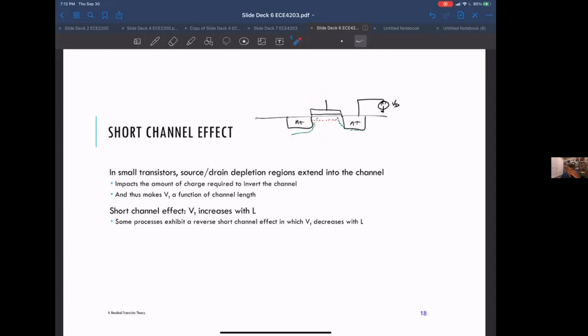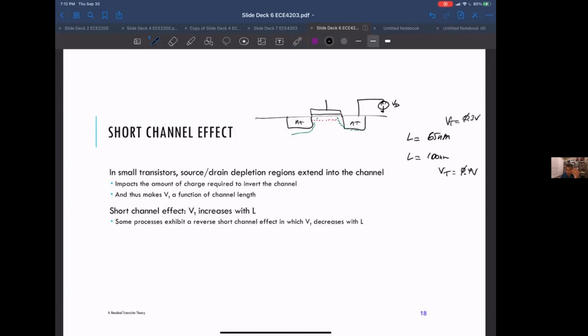Meaning that, depending on the actual length, if you draw a transistor with a length of 65 nanometers, it might have a threshold voltage of, I don't know, 0.3 volts, and a transistor with a length of say 100 nanometers might have a threshold voltage of 0.4 volts or something.